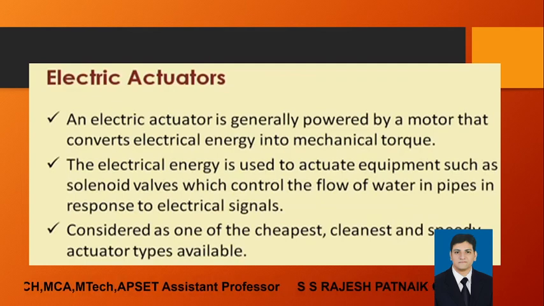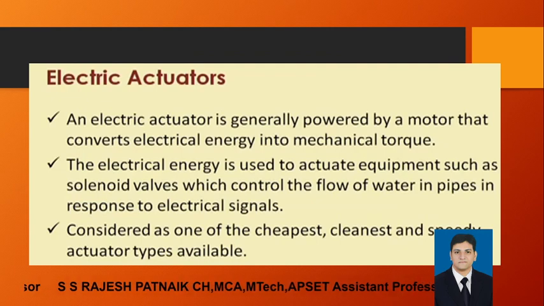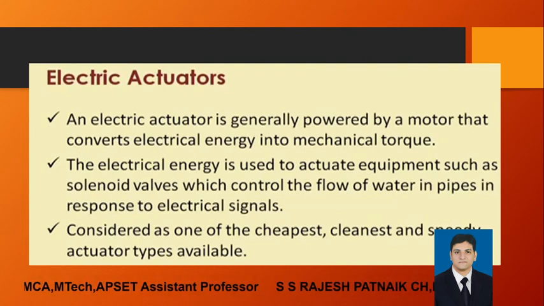The electrical energy is used to actuate equipment such as solenoid valves, which control the flow of water in pipes in response to electrical signals. That means the same concept here.